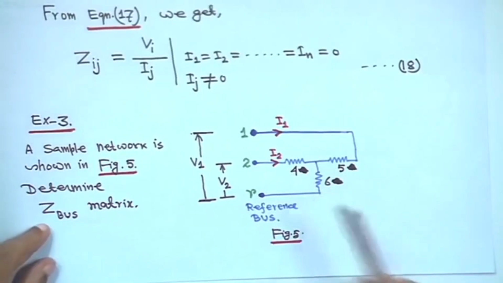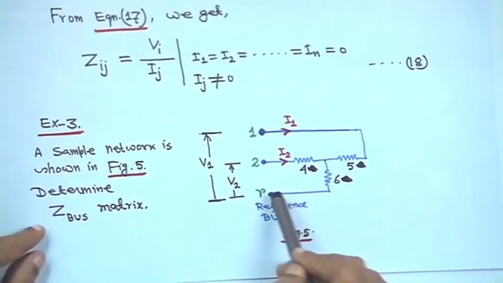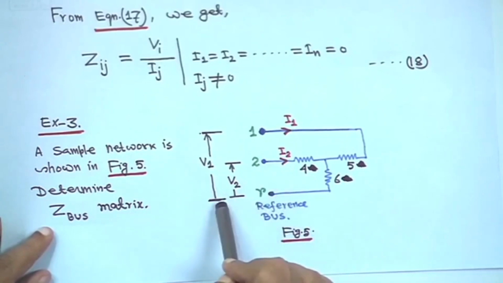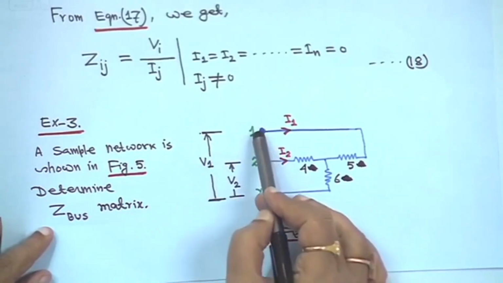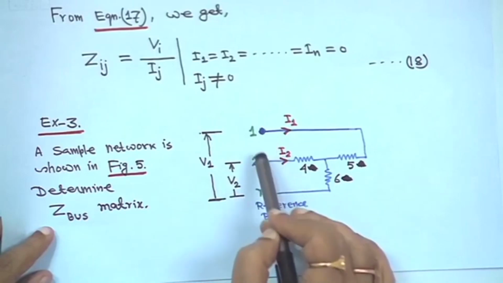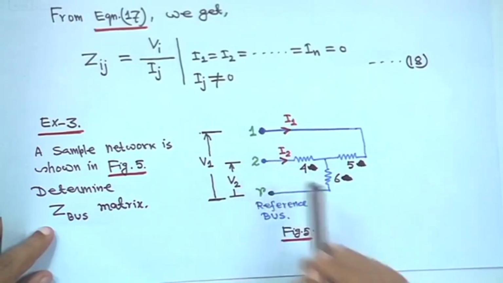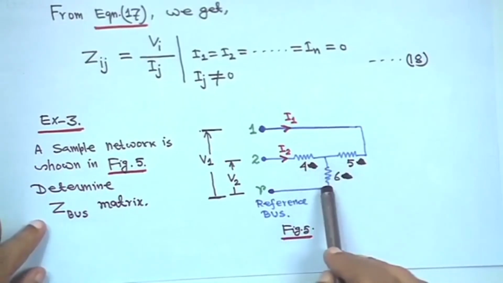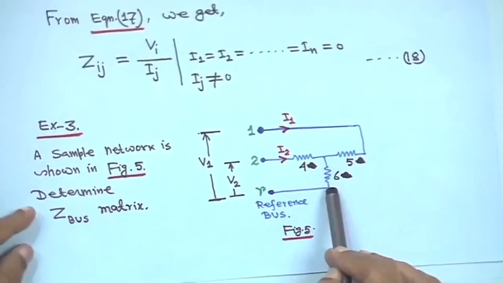You can take per unit only, and this is the reference bus. You have to obtain the Z bus matrix for this system, that is V1 and V2, the voltages of bus 1 and bus 2 with respect to this reference bus, and these are the branch elements 4, 5, 6 we have taken.